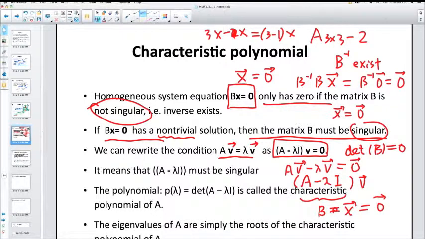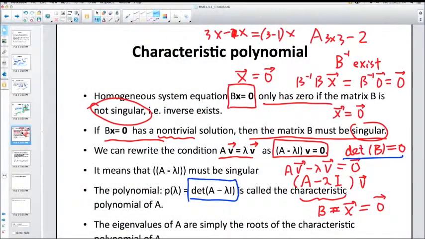I have already said the determinant must be 0. So B is this. The determinant of B is that polynomial. In a minute, when I give you an example, you're going to see, when you look at this determinant, because it has the parameter lambda inside, it's going to be a polynomial of lambda.